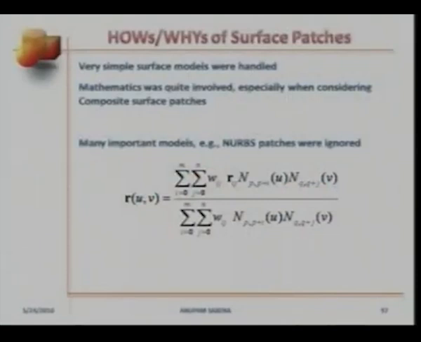If you think about it, all you would need to do is extend a Bezier surface patch into a B-spline surface patch or a NURBS surface patch only by replacing Bernstein polynomials with the corresponding B-spline basis functions, which are normalized and of order p.